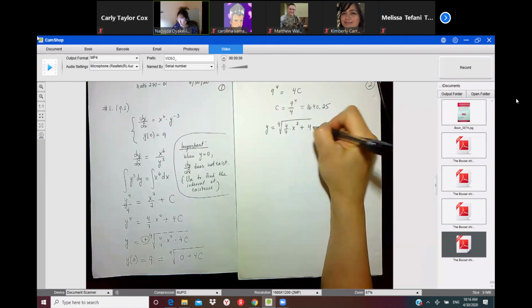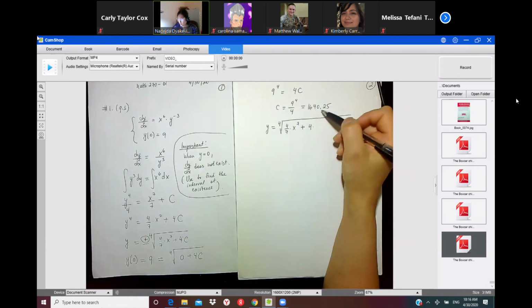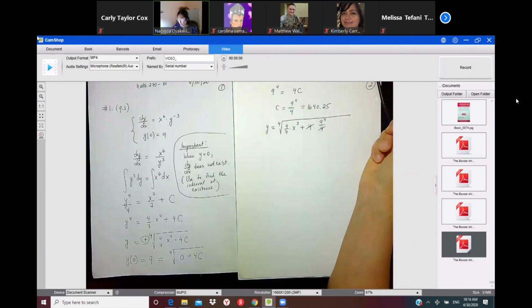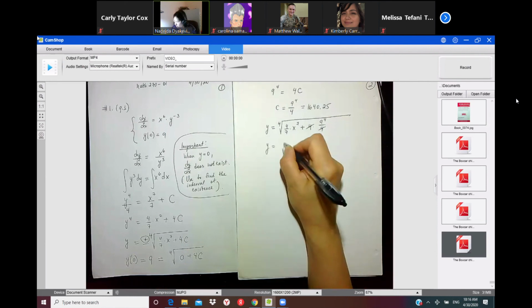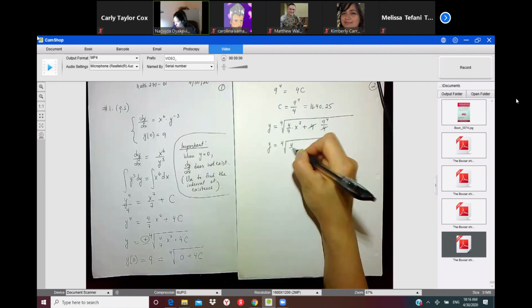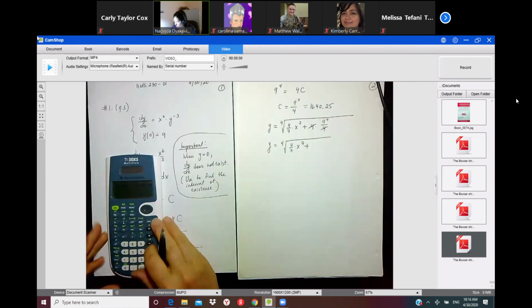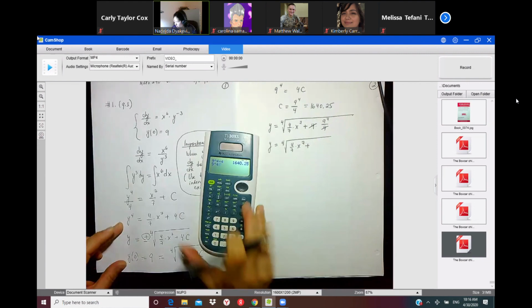It's actually more beneficial to write it as 9 to the 4 over 4, so I can cancel 4. Do you agree? Four over 7, x to the 7 plus, and then I'm just going to find 9 to the power 4. So I type 9 to the 4, and I'm getting 6561.